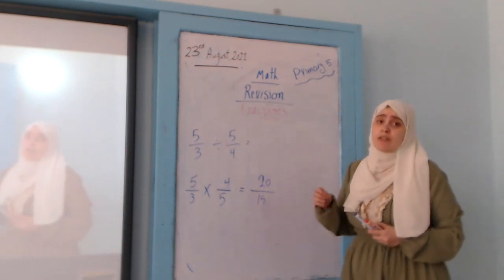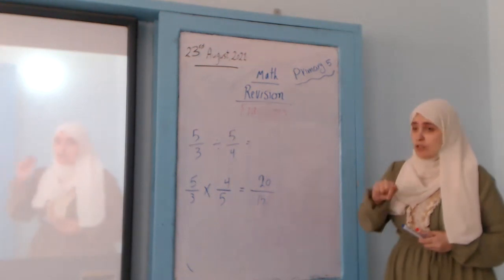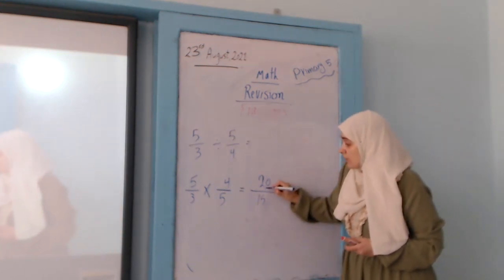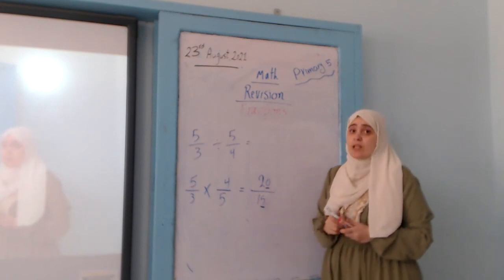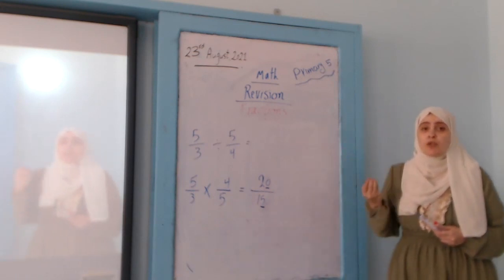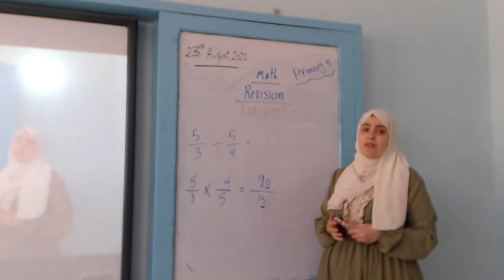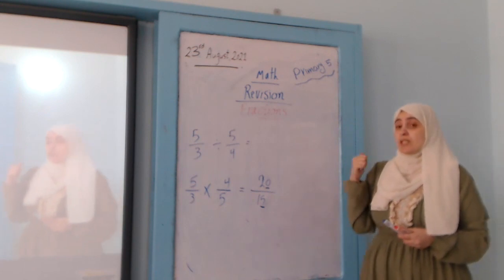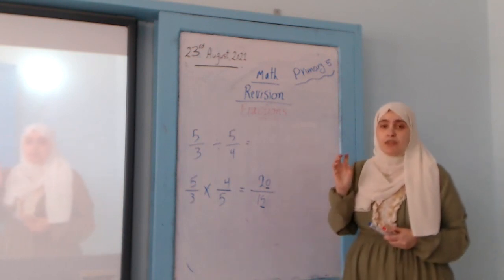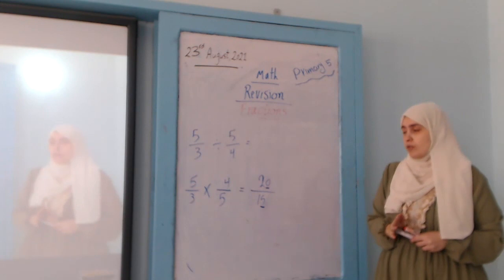20 and 15 exist in the table of 5. And another piece of information: any number whose units digit is 0 or 5 is divisible by 5, okay? As with the first information, we have studied that every even number is divisible by 2.